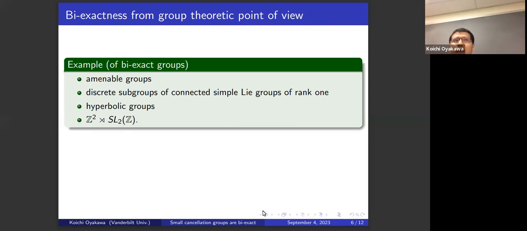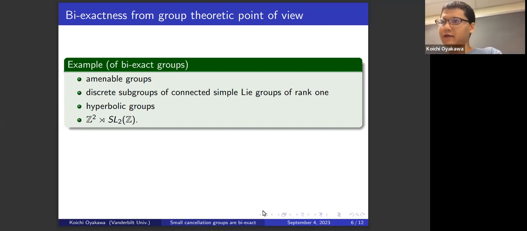And by the way, there are some results on permanence properties of bi-exact groups. For example, any subgroup of a bi-exact group is bi-exact, and a free product of bi-exact groups is bi-exact too. And for example, a finitely generated relatively hyperbolic group is bi-exact if and only if all peripheral subgroups are bi-exact. That is my result.